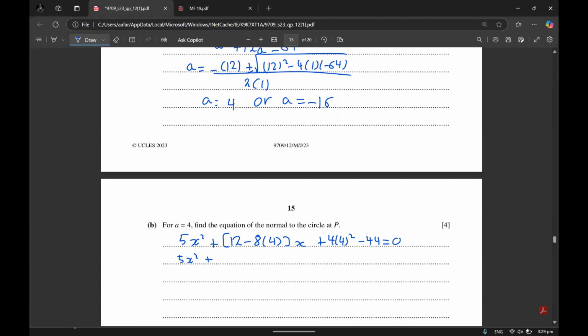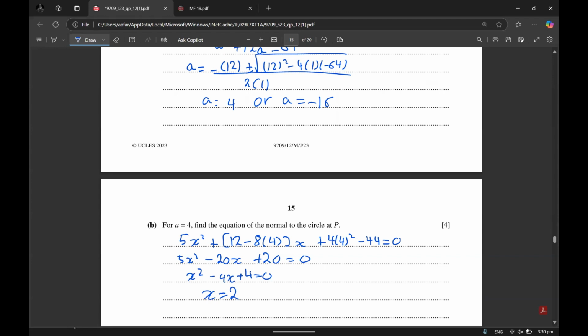We get minus 20x equal to 0, x square minus 4x plus 4 is equal to 0. So the x coordinate of point P is 2.